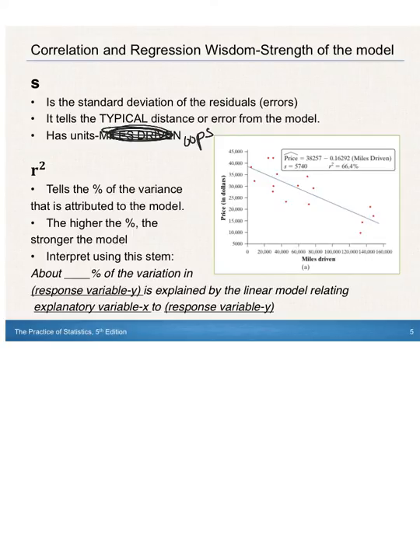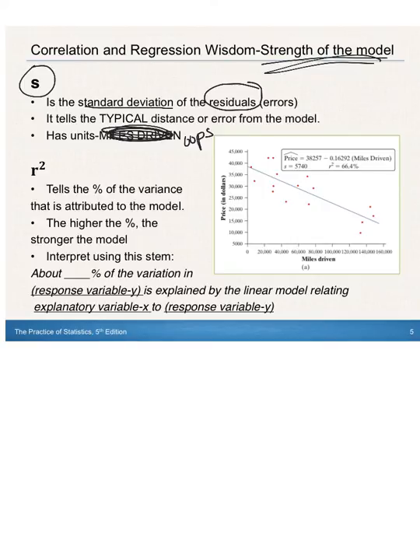When we're talking about our linear model, we want to know how strong it is, how good it is. And so we have 2 metrics for that. One is the S, and the S is the standard deviation of the residuals. Remember, the residuals are the errors in the model. If we're looking at the strength of our model, we don't want the standard deviation of the residuals to be that far off.